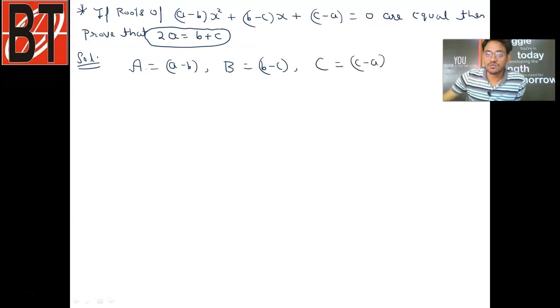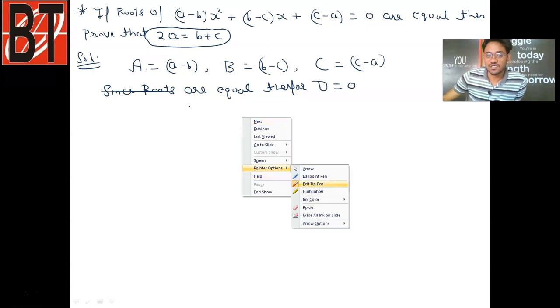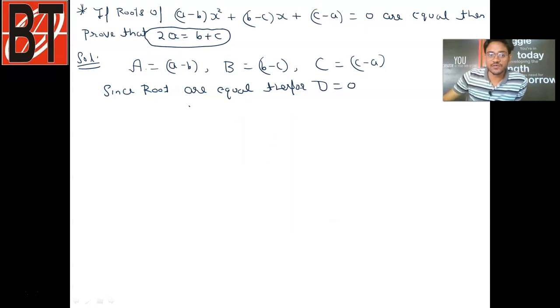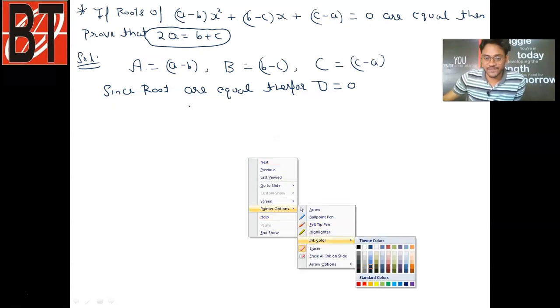Okay, so since roots are given equal, since roots are equal, therefore discriminant should be 0. Okay, so yes, we will say since roots are equal, therefore discriminant is going to be 0. Okay, now students, just observe the calculation carefully.